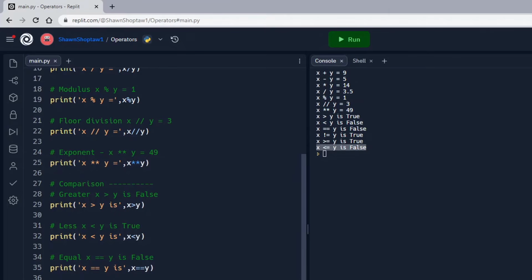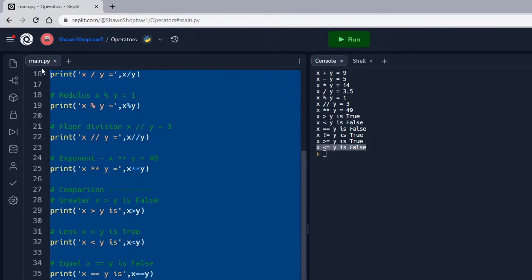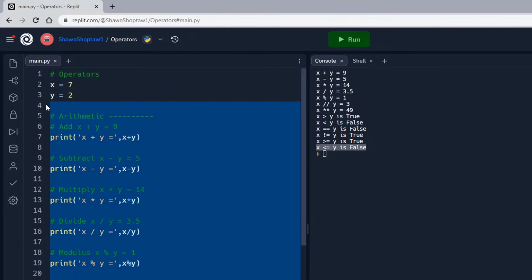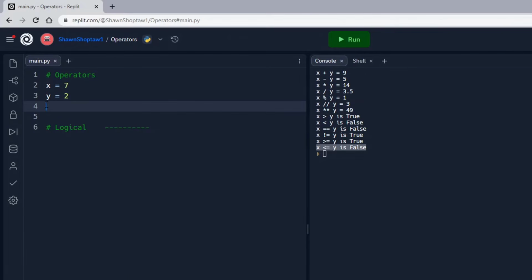Okay, our last operator that we're going to look at are logical operators, and for that we're going to take out the code that we've done here. We're going to change our x variable to true, and we're going to change our y variable to false.